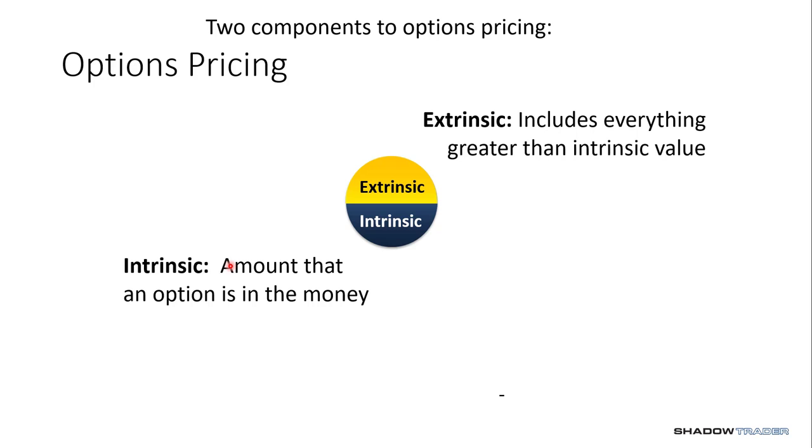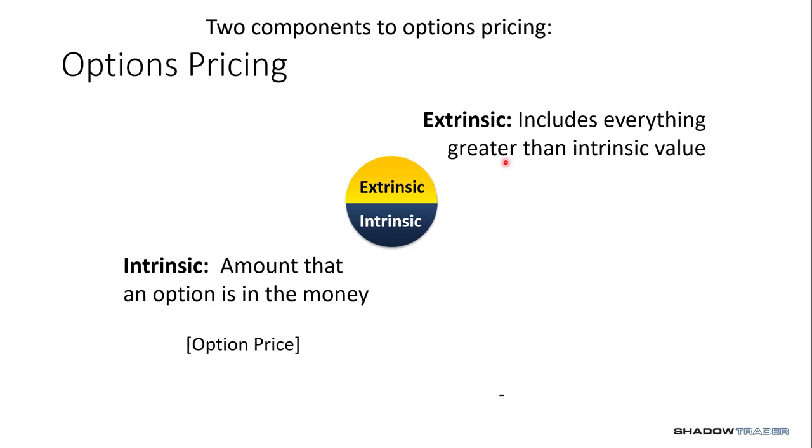It's got implied volatility. It could move around a lot or a little. That also adds value. So the extrinsic value part of the option price is everything greater than its intrinsic value. Intrinsic, hard value. Extrinsic, air that's pumped into the balloon. Just remember it that way.